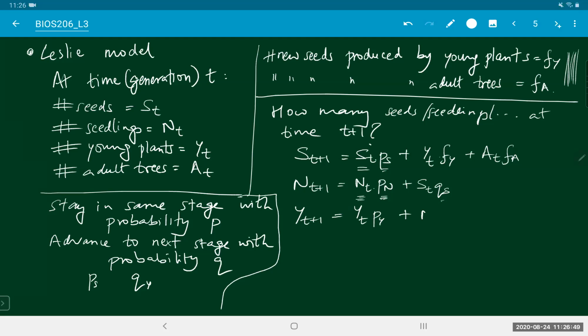But there were also seedlings from the previous generation which advanced and became young plants. And similarly, the number of adult trees in the next generation is equal to the adult trees from the previous generation who stayed there plus the young plants from the previous generation which advanced.